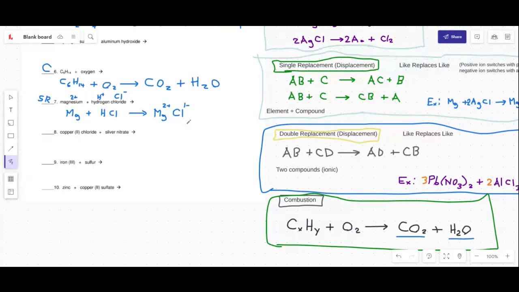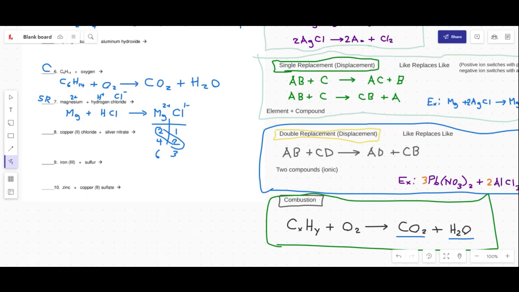Mg2? No. Mg2Cl? No. The lowest common multiple of 2 and 1 is 2.